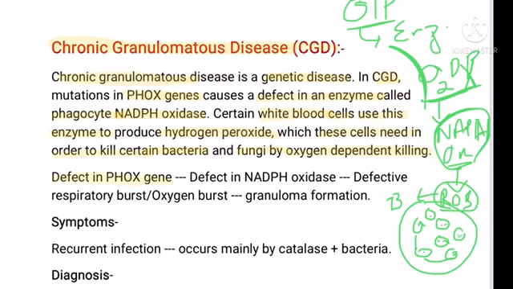If there is a defect in NADPH oxidase, the defective respiratory burst, or oxygen burst, leads to granuloma formation inside the cell. Small granules start to develop. As for symptoms, recurrent infection occurs mainly by catalase positive bacteria.